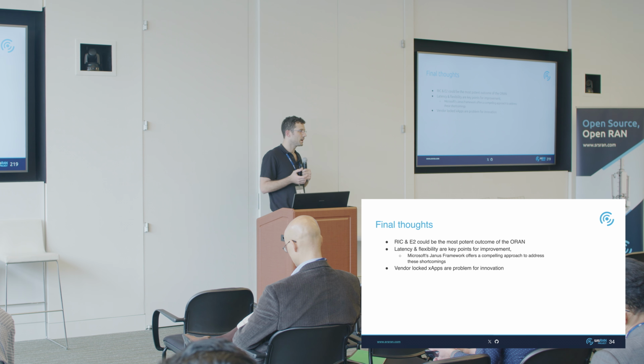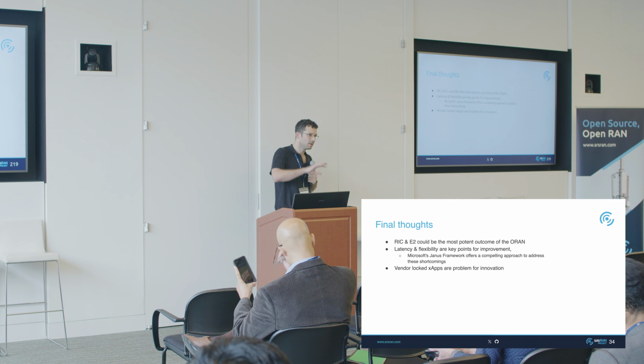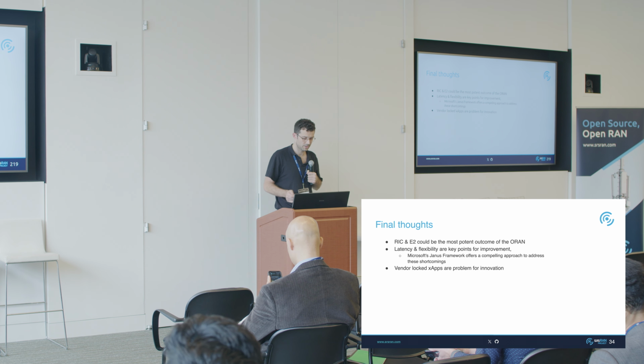Before, if you wanted some AI in your stack, you would need your RAN developers to develop it themselves, or you might need to bring in some third party, but these tier 1 vendors don't want to be showing their proprietary RAN stacks to third parties, so it's a difficult problem to solve. But now we've created a clean interface between the two, allowing the AI and ML researchers to worry about the AI and ML, and the RAN developers to worry about the RAN, and they're decoupled in a good way.